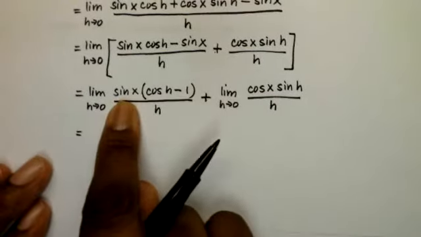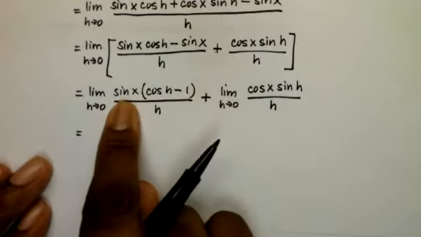The same thing here. The cosine of x does not have h in it. That's going to be a constant as well. So I can pull the cosine of x out in front, and then that's multiplied by the limit as h approaches 0 of sine of h divided by h.